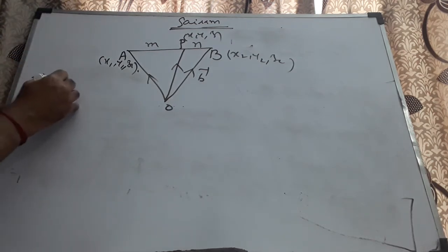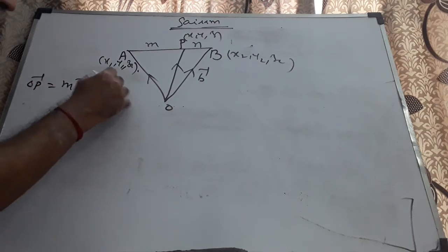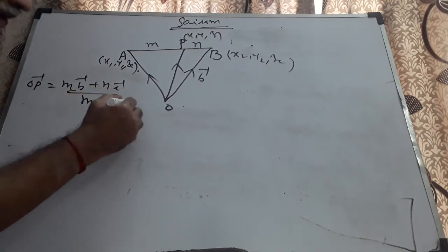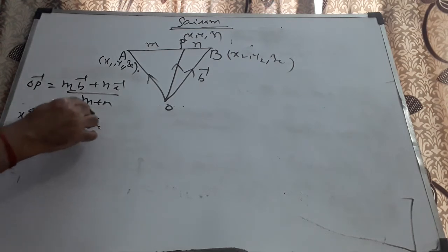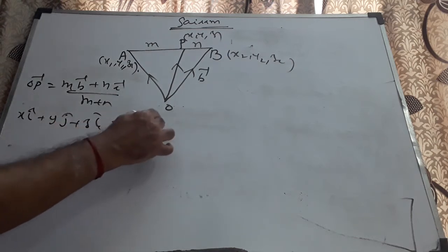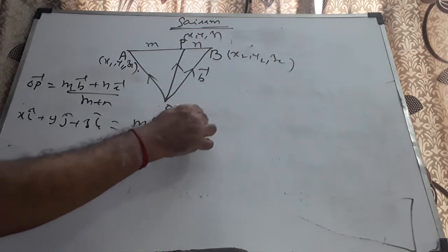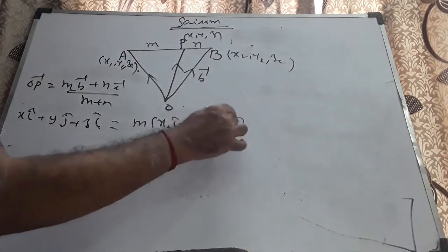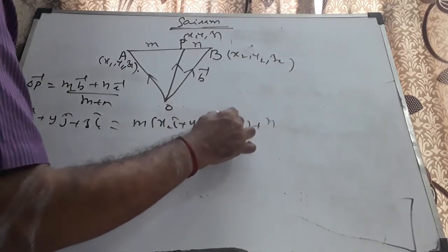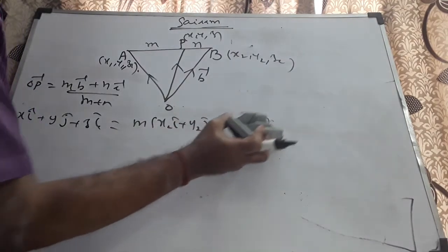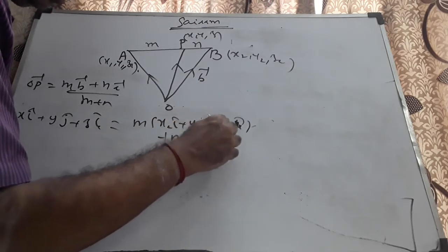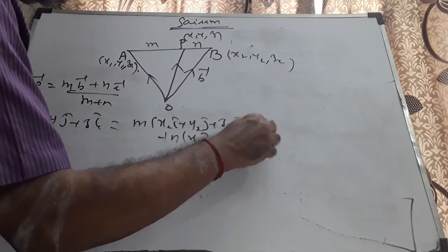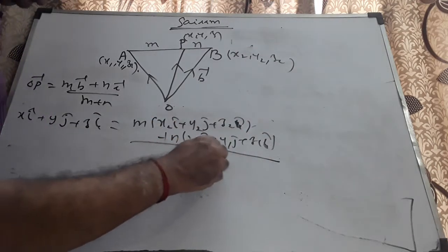Now, OP vector is equal to (m OB vector plus n OA vector) by (m plus n). We have derived this just now. Therefore, x i cap plus y j cap plus z k cap will be equal to m into (x2 i cap plus y2 j cap plus z2 k cap) plus n into (x1 i cap plus y1 j cap plus z1 k cap), divided by m plus n.